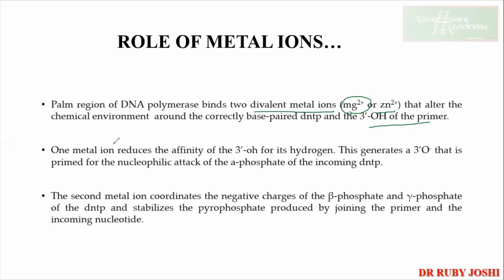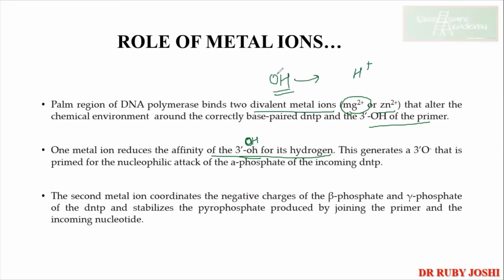So one metal ion reduces the affinity of the 3-OH for its hydrogen. Now, why is this required? To reduce the affinity of 3-OH for its hydrogen. Then only this oxygen will be free. See, OH is stable. If I remove the H, what will happen?